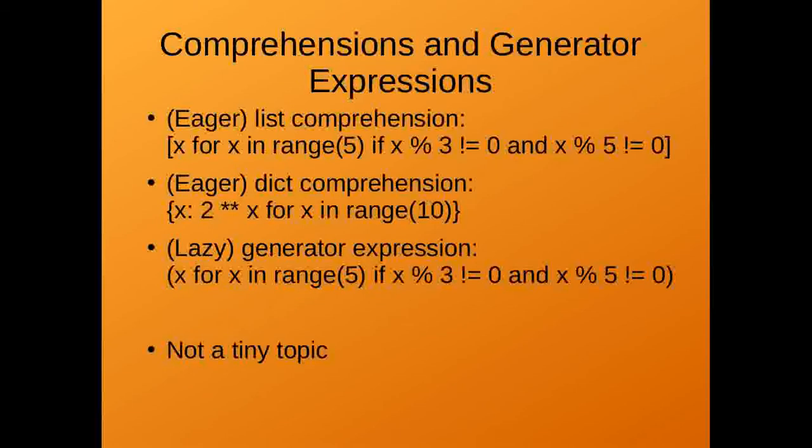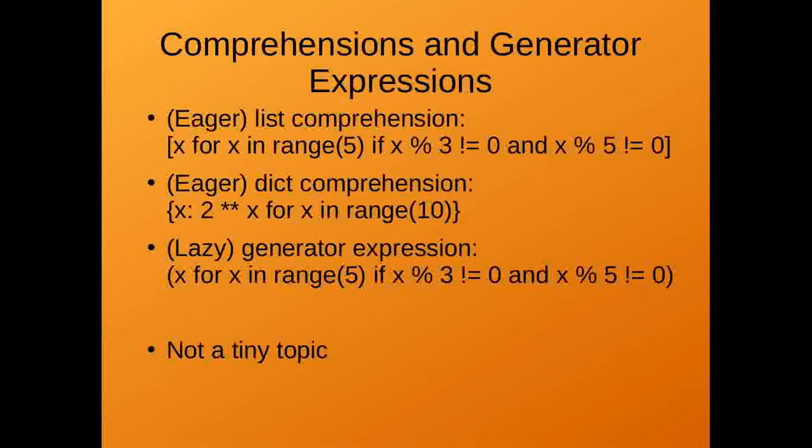Comprehensions and generator expressions are not a tiny topic, but we'll touch on them here. A list comprehension is a way of creating a list from a generator or another iterable. Another, say, generator or list or dictionary, etc. Here we're just creating a list of all x's where x is in range 0 through 4, only if x mod 3 does not equal 0 and x mod 5 does not equal 0.